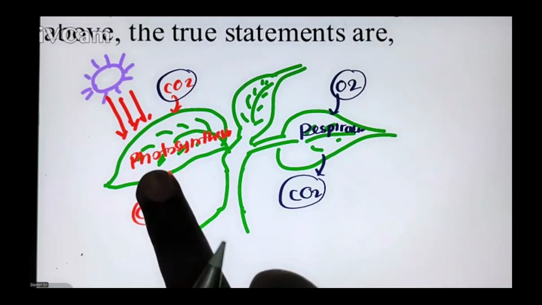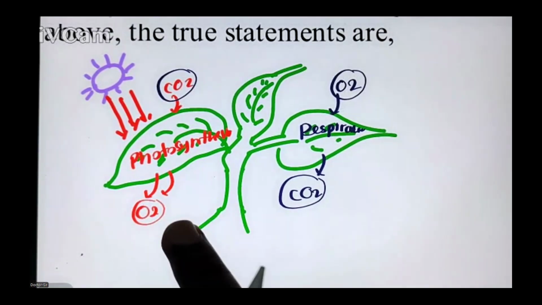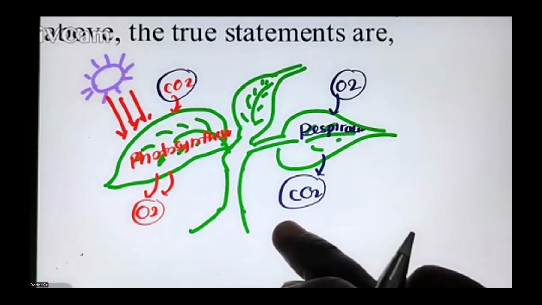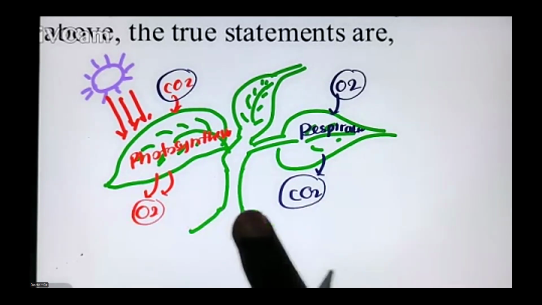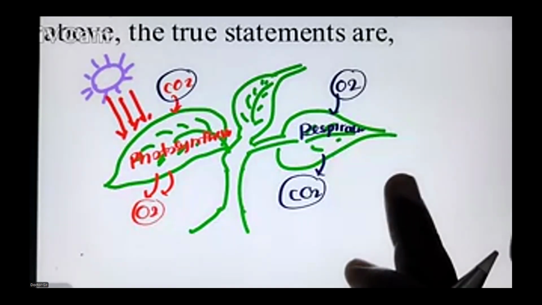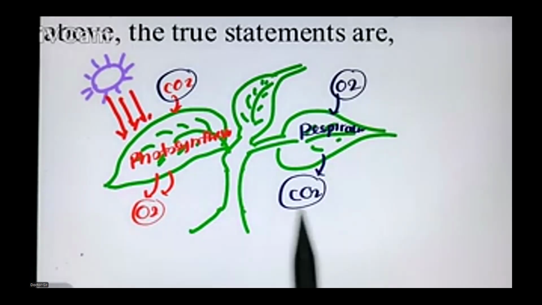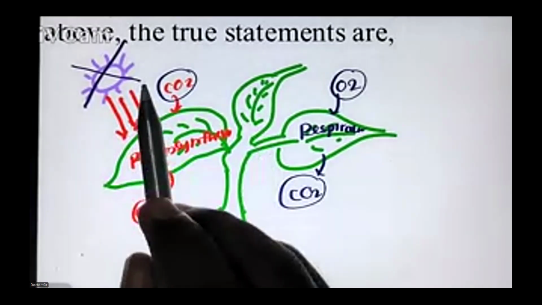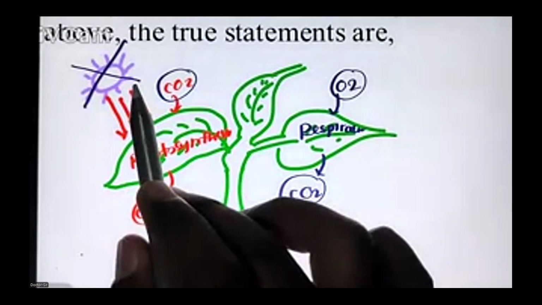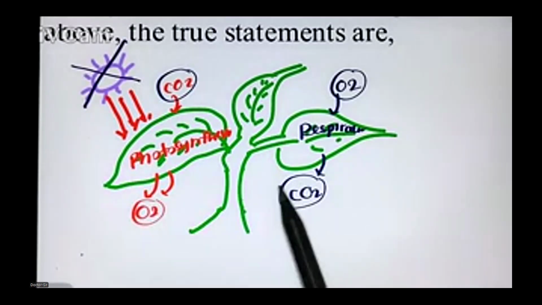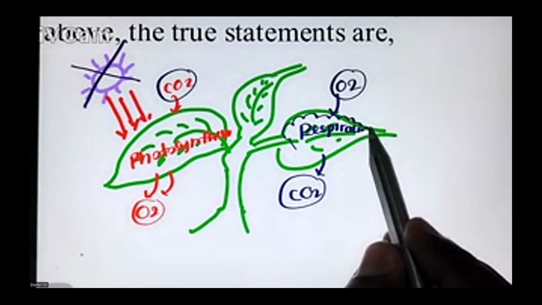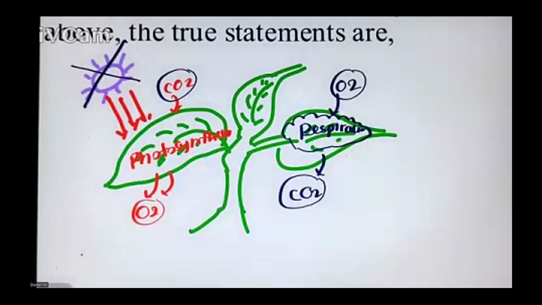Photosynthesis produces O2, and respiration produces CO2. This happens throughout the day, but at night time sunlight is not there, so what will happen? Finally only CO2 will be produced. That means only respiration will happen at night.